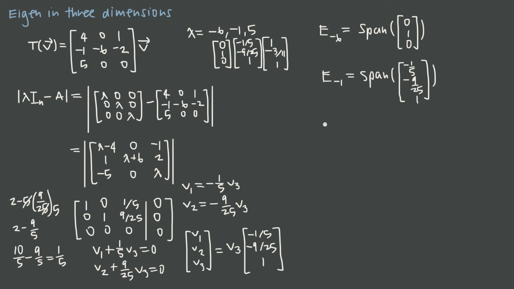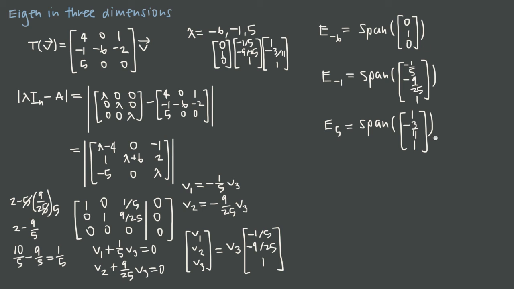And then we would say that the eigenspace for lambda equals 5 is the span of 1, negative 3/11, and 1. And so those are our 3 eigenspaces.